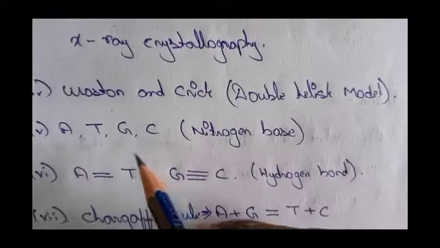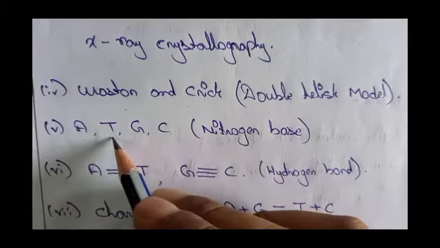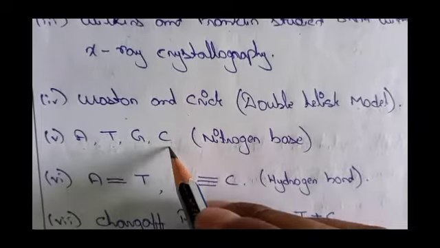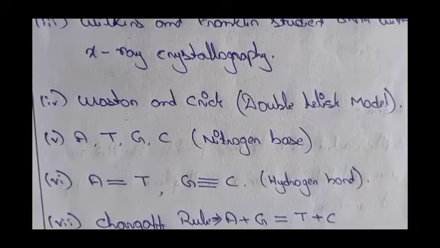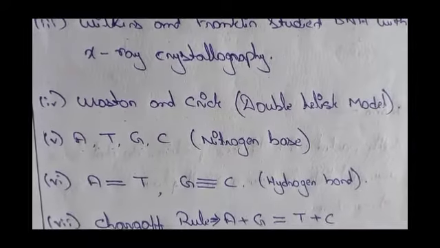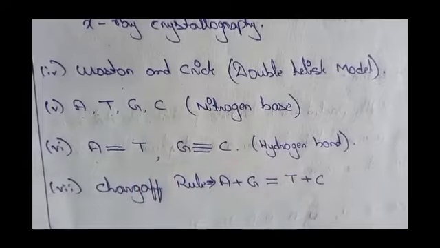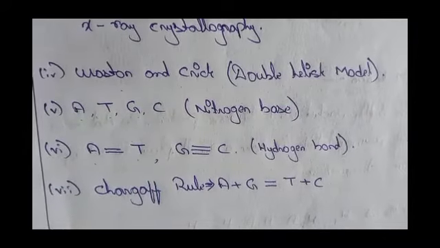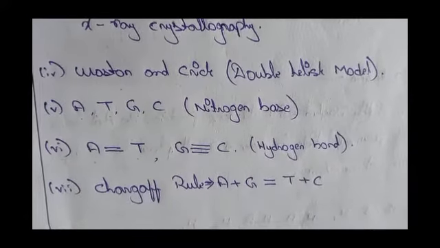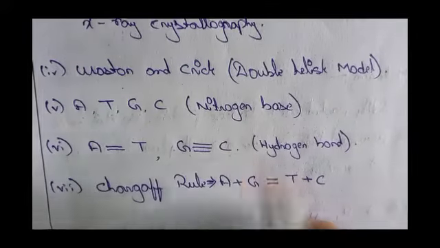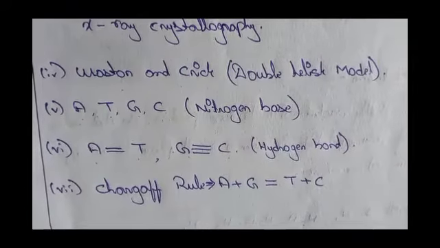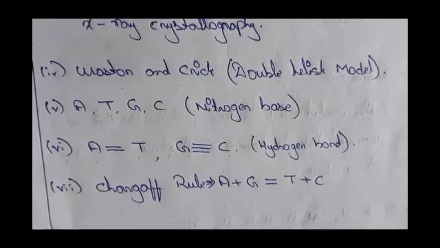Okay, so adenine, thymine, guanine and cytosine are the four basic nitrogen bases. Adenine and thymine are bonded with a double hydrogen bond, and guanine and cytosine are bonded with a triple hydrogen bond.